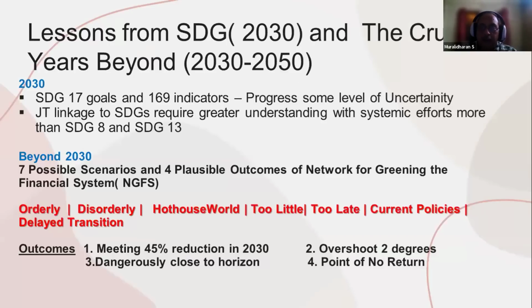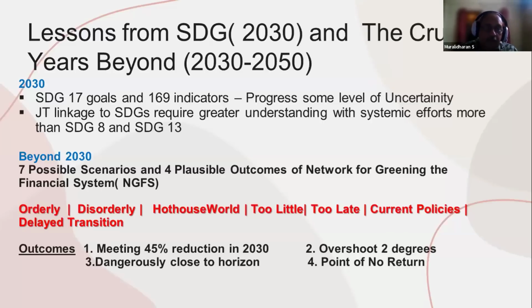What we find as on date is that many of these SDGs have not been achieved by countries. Some have progressed, some have gone in the reverse direction, perhaps for various reasons. Maybe COVID could be one of the reasons, or the economic issues in various countries have resulted in this, but the progress has some level of uncertainty.